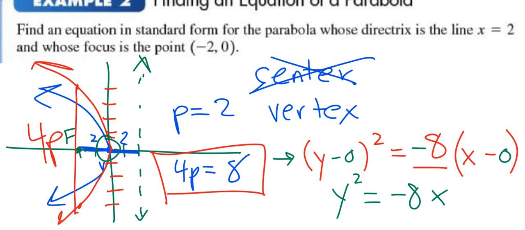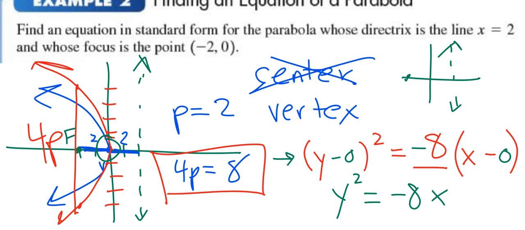Can you explain why it's negative? Because it's opening left. Negative. Does it only open left or right? We know because we started with a directrix over here and a focus over there. There's absolutely no way that could open up or down.